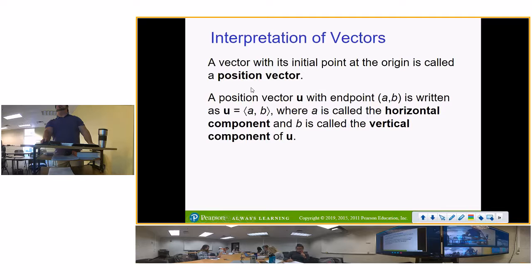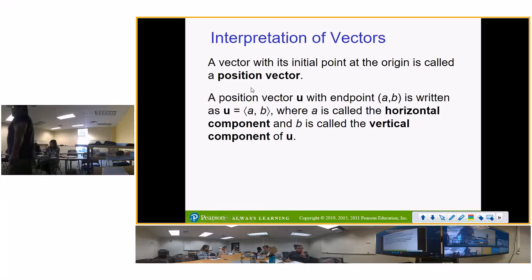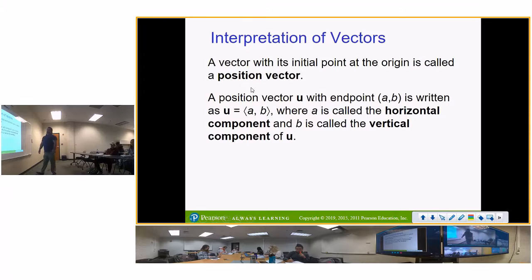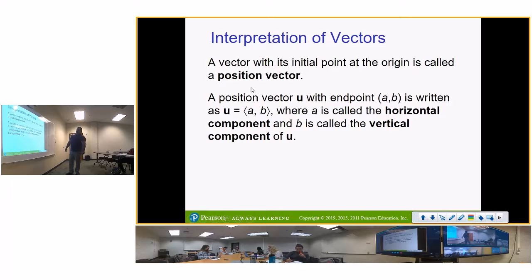If you're not going that route, then you can just ignore me, all right? Now, a position vector U with an endpoint of A, B is written as U is equal to <A, B>. Now look at the way it's written. It doesn't have parentheses. It's got those less than and greater than brackets. That's when you know you have a vector.